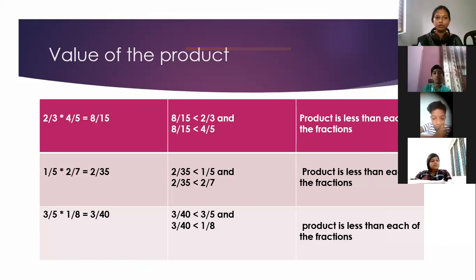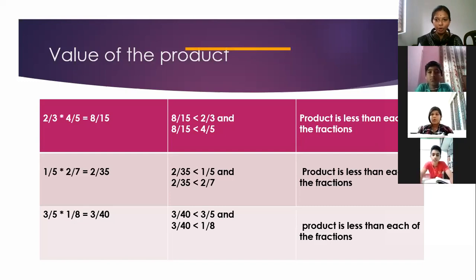Which type of fractions are they? Proper fractions, is it? So in the case of proper fractions, the product of proper fractions is less than each of the fractions. Okay.